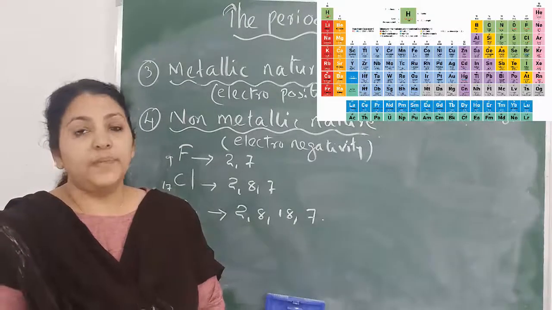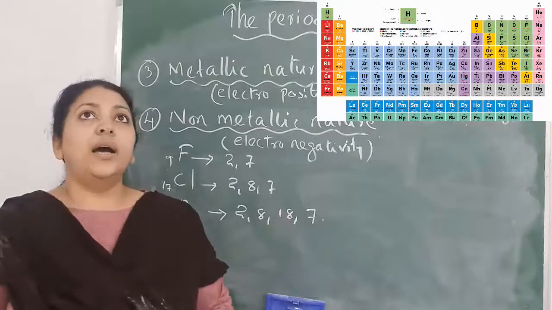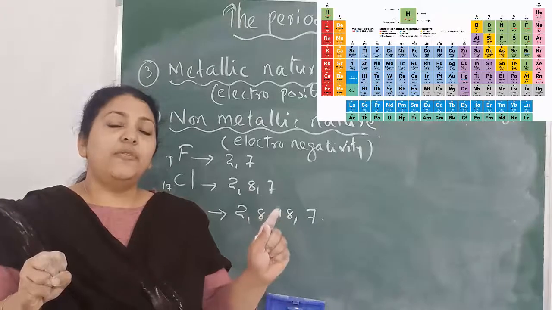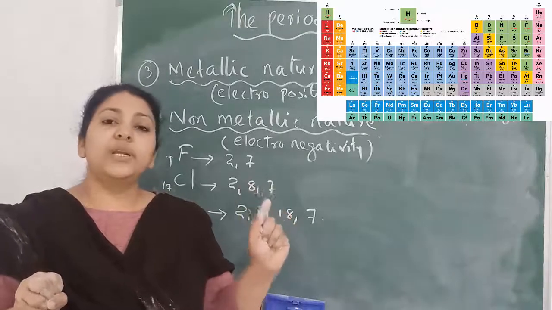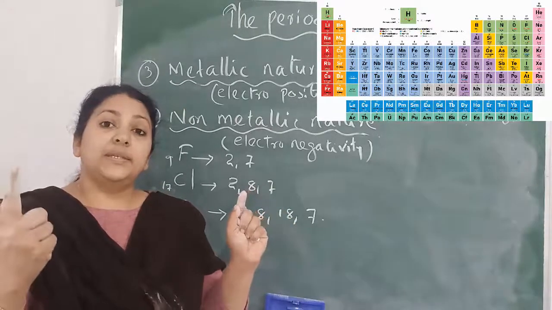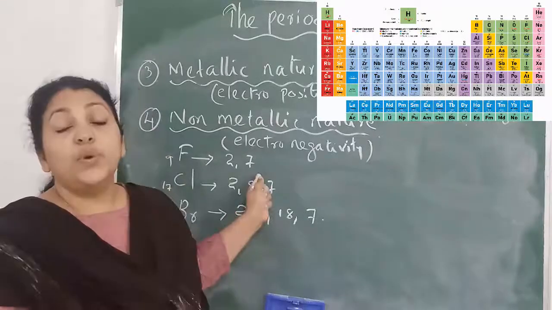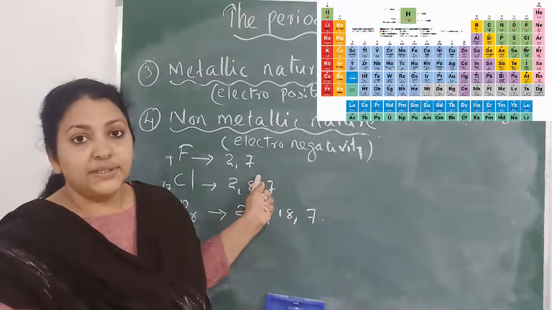Can you say why? We know that when the atom gets smaller, what will happen? It will have enough effective nuclear charge to attract the incoming electron very strongly towards the outer shell. Are you getting?